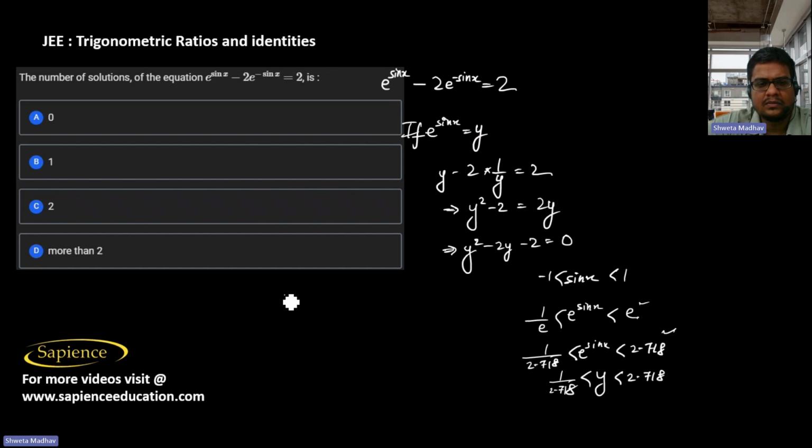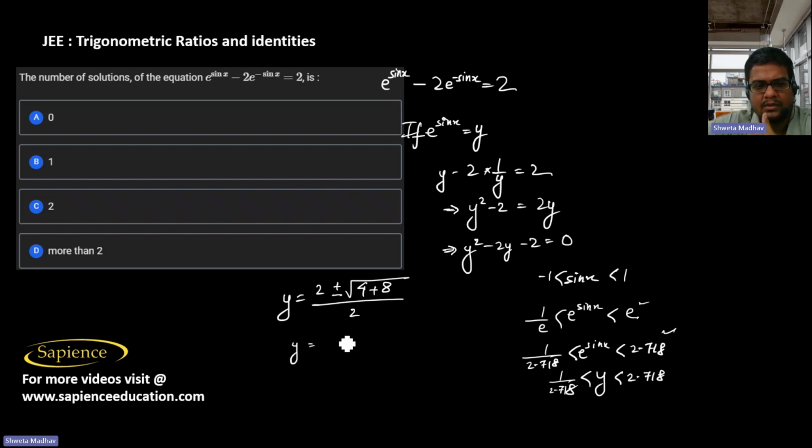So here y will be minus b plus or minus square root of b square minus 4ac by 2a.